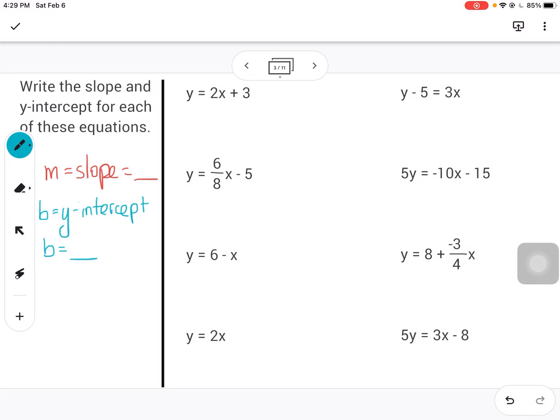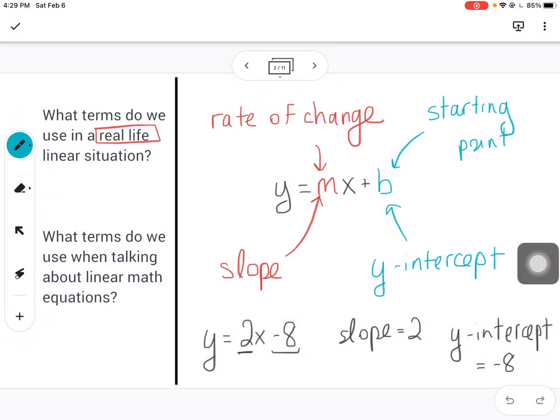Okay, let's look at these problems. So if you remember from before, your slope, m, is always going to be the number next to your x. Y needs to be by itself alone on one side, and then you'll have a number in front of x, and you'll have a b.